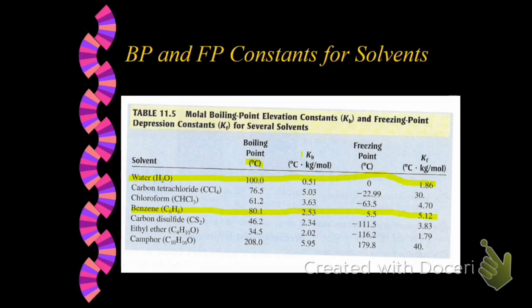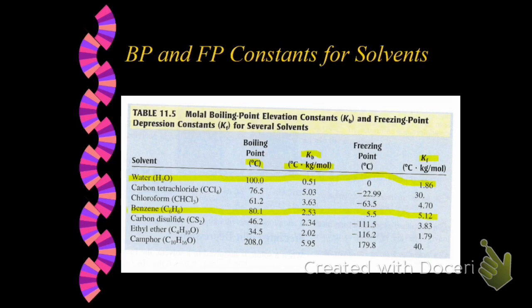The individual freezing point and boiling point constants are in the appropriate column. They have units of degrees C kilogram per mole. And again, notice that the value is different for each solvent.